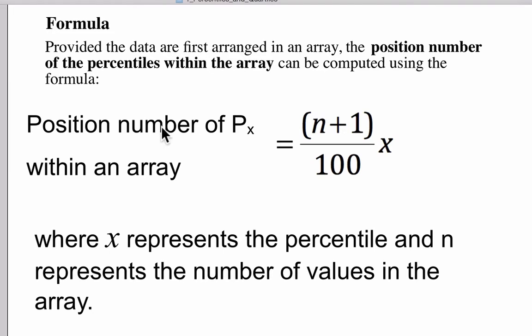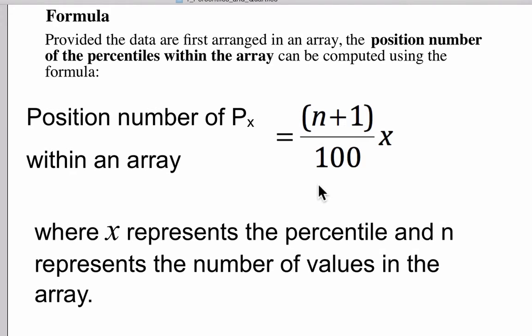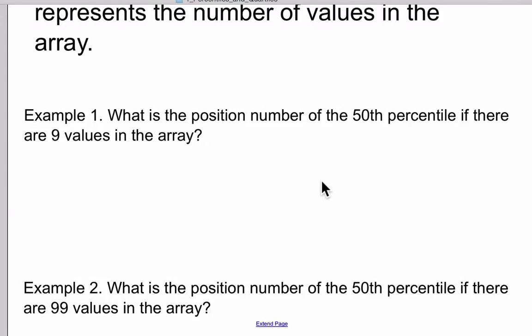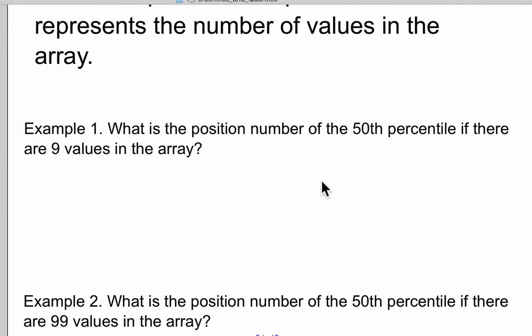The position number of the Xth percentile, so let's say X is 50, within an array is given by N plus 1 divided by 100 times X, where X represents a percentile and N represents the number of values in the array. Just to give an example, what is the position number of the 50th percentile if there are 9 values in the array?